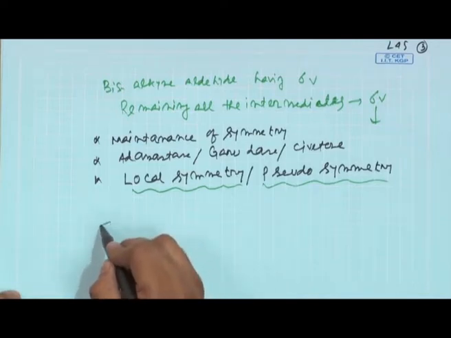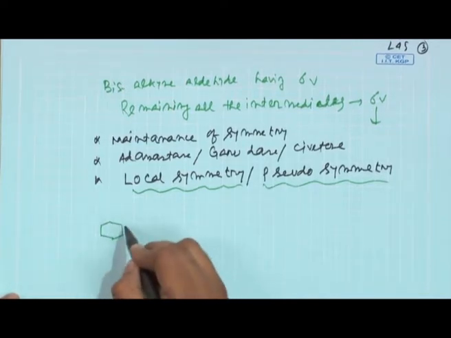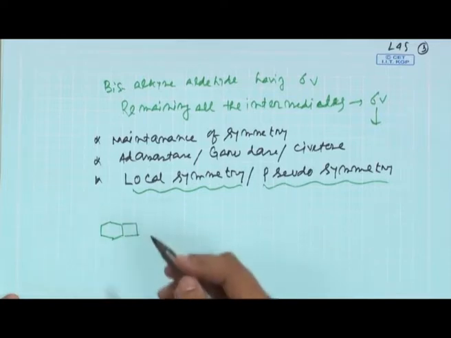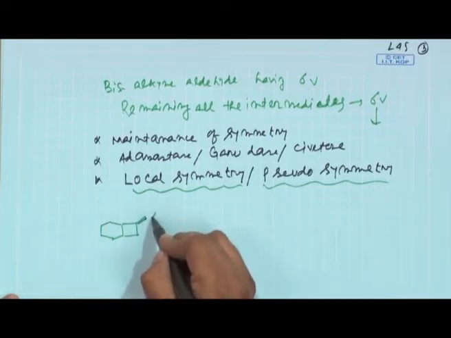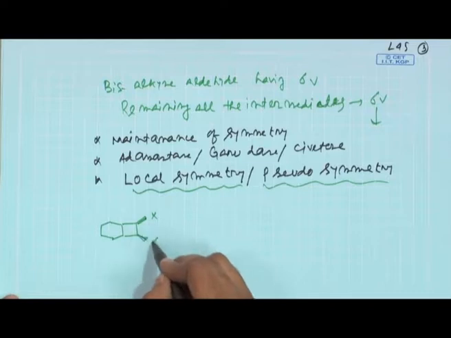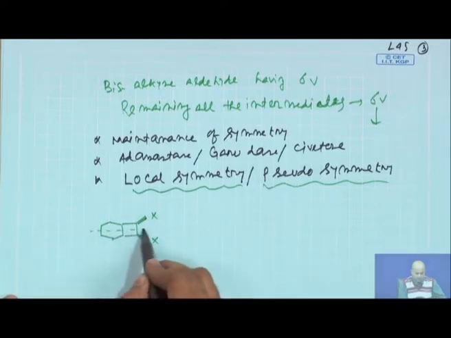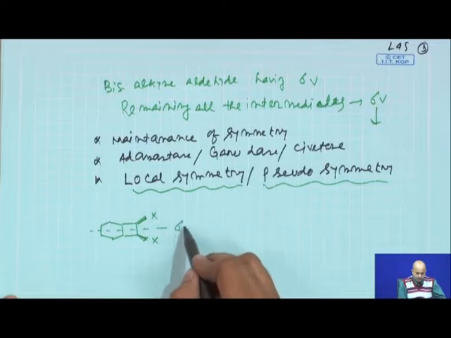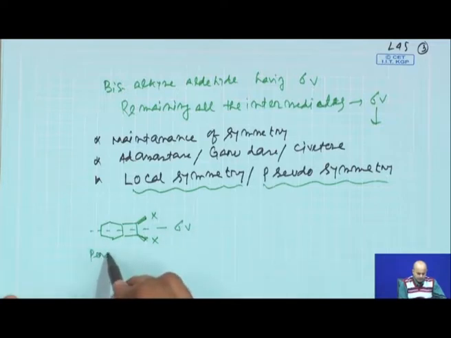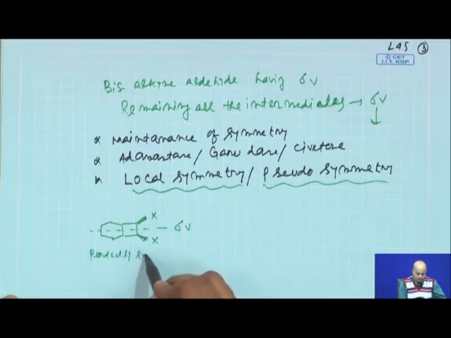I'll give you a very standard example. We are having this kind of compound, which I have drawn in a 2-dimensional way. I say this molecule is perfectly symmetrical. There is absolutely no doubt about that.